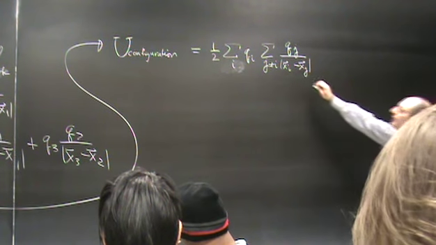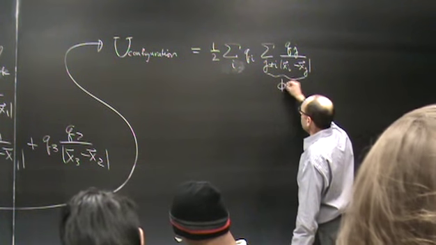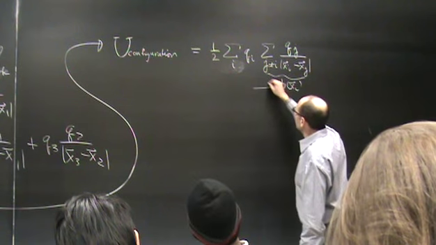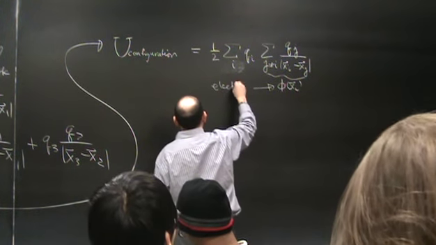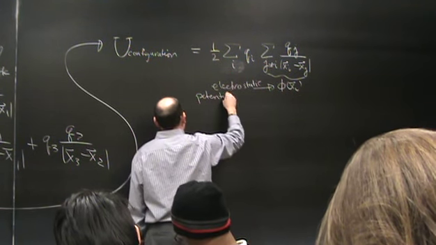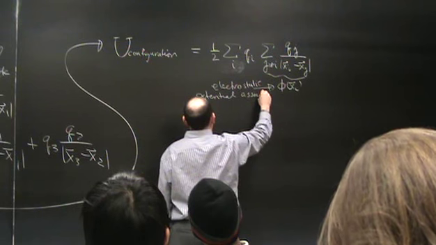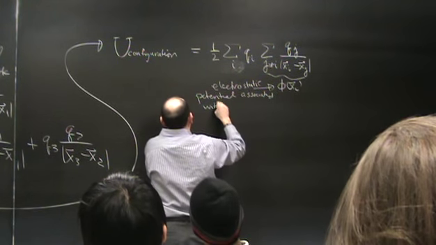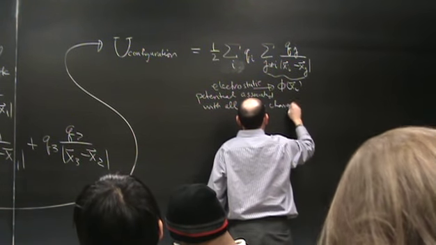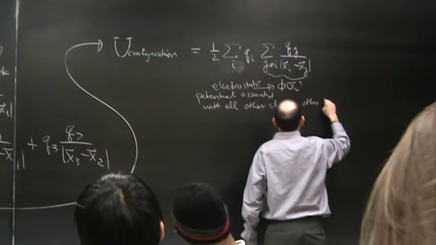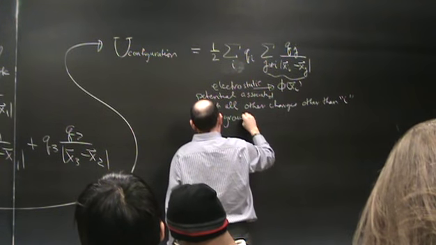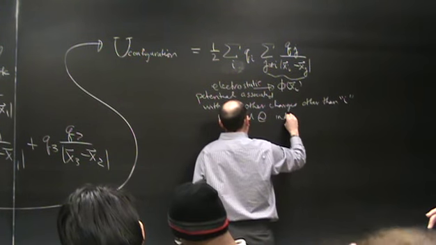And what is this? This is equal to the potential associated with all the other charges. This is the electrostatic potential associated with all charges other than i, with ground at infinity.